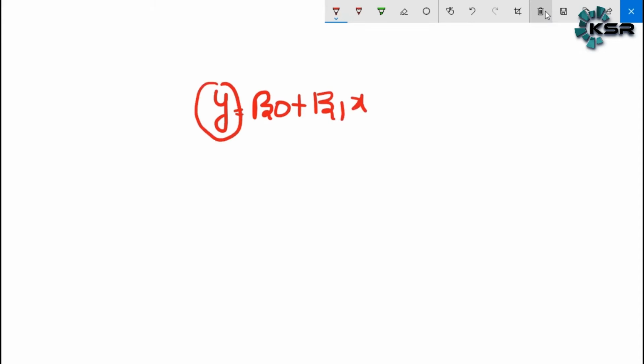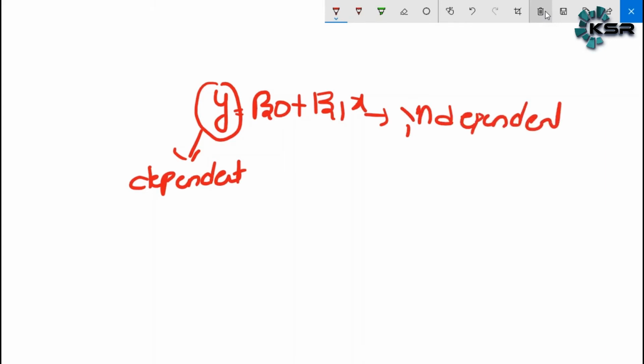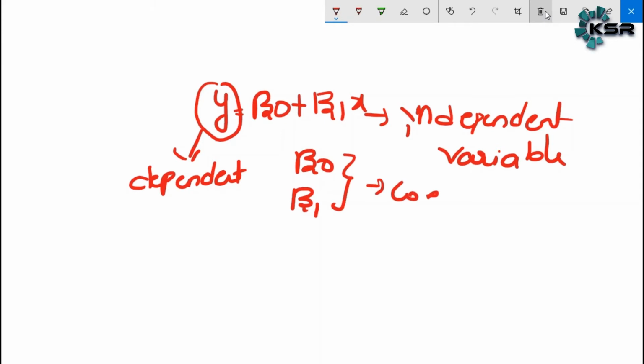Y means your dependent variable, x means independent variable, and beta naught and beta 1 are the coefficients.